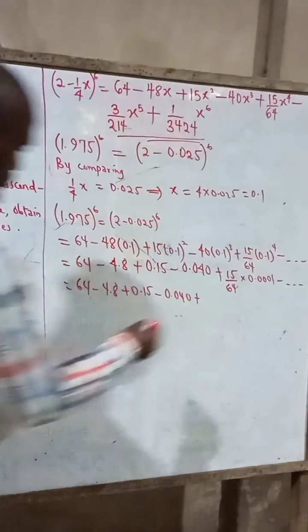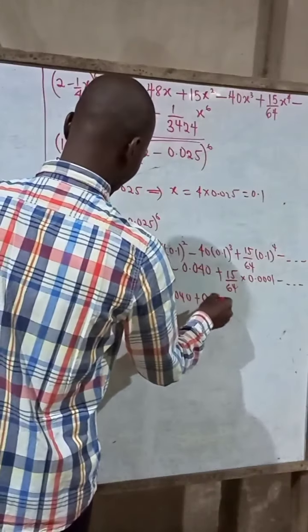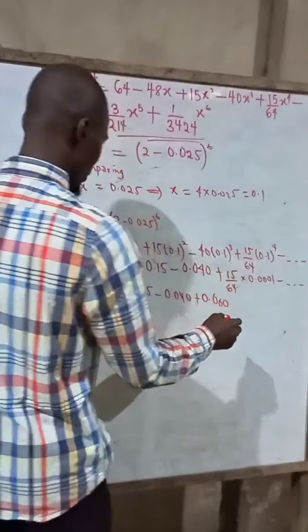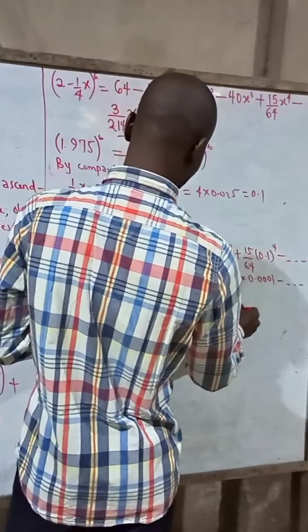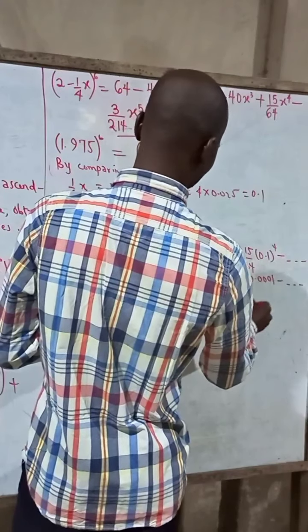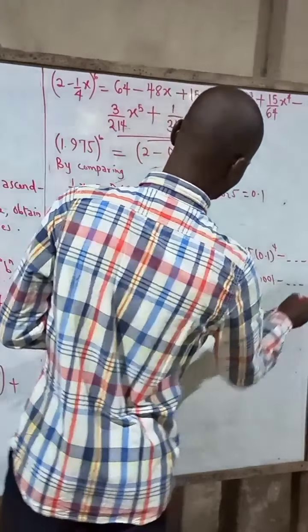That will give me 0.0000234 minus and so on.